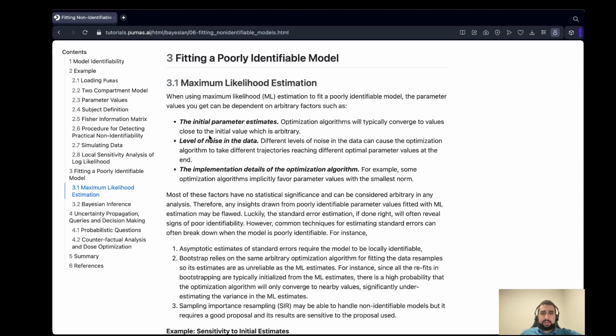One thing I don't show here, but it's good to ponder, is that the maximum likelihood estimate you get out of your algorithm also depends on the implementation details of your optimization algorithm. A lot of fitting software, including Pumas, uses the so-called BFGS algorithm for optimization.